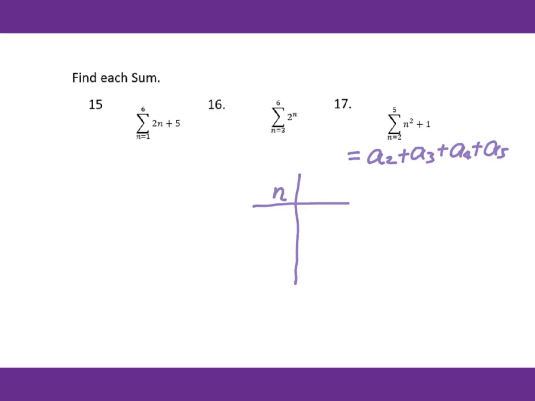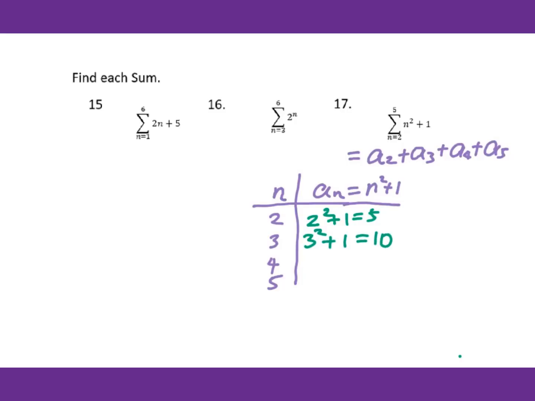So we get the n and a sub n. That is n squared plus 1. For n equals 2, 3, 4, 5: 2 squared plus 1 equals 5. 3 squared plus 1 equals 10. 4 squared plus 1 equals 17. 5 squared plus 1 equals 26.